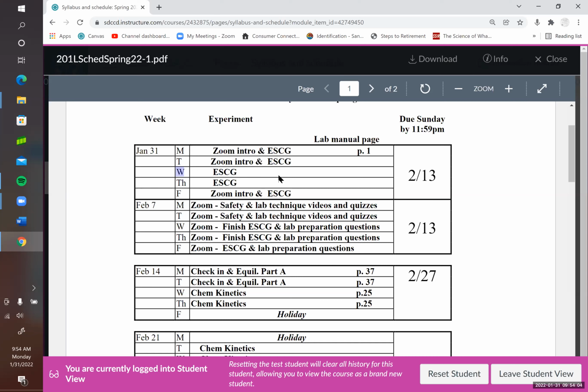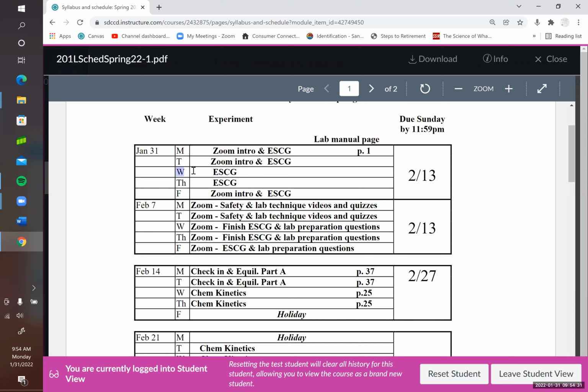There are safety requirements. There's only so many students allowed in a lab at a time. You would have to contact the instructor to make sure it's okay. So if you know that you're going to be missing a lab ahead of time, then that's a good option.